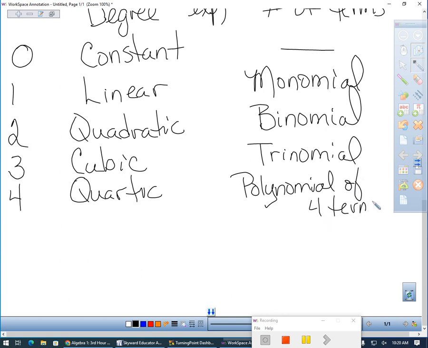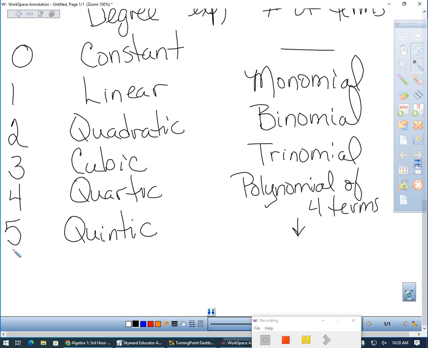So anything greater than 3 just becomes a polynomial of that number of terms. Okay? If you have a highest exponent of 5, the word for that is quintic. Again, if you have 5 terms, it's a polynomial of 5 terms.